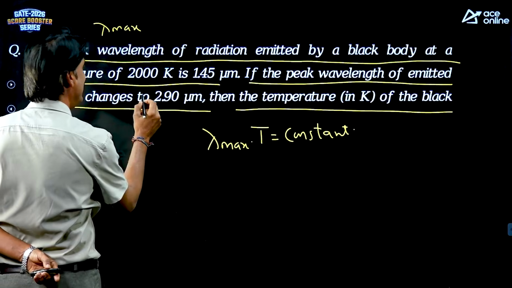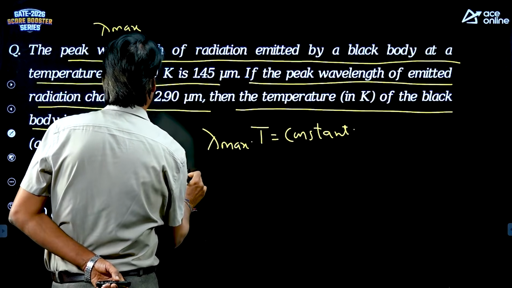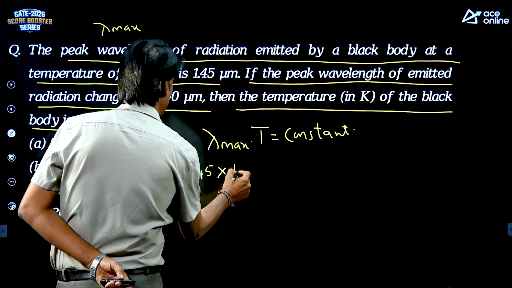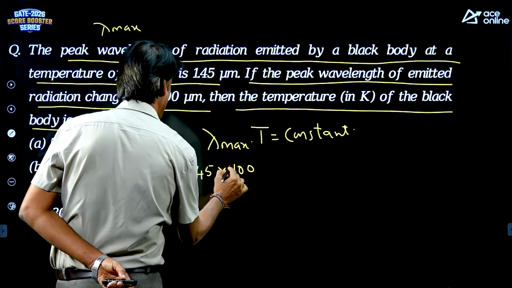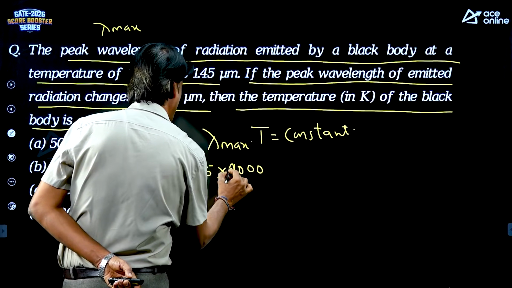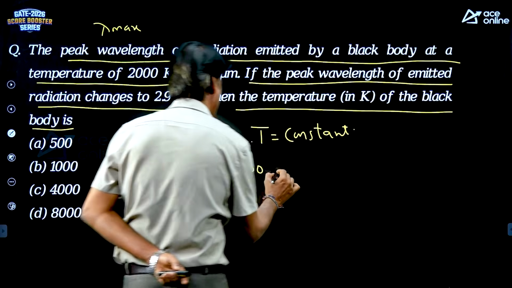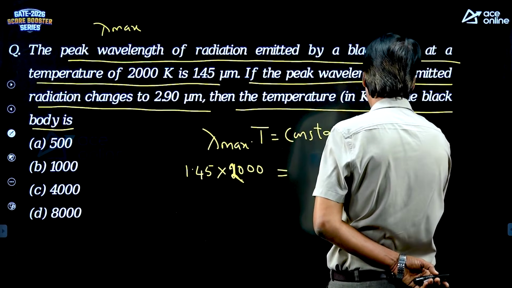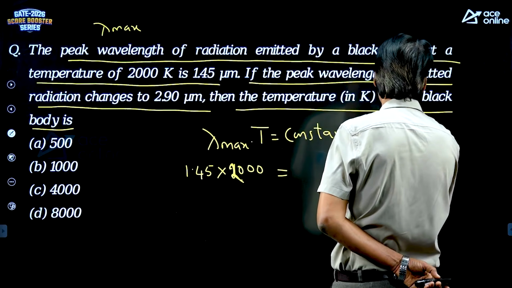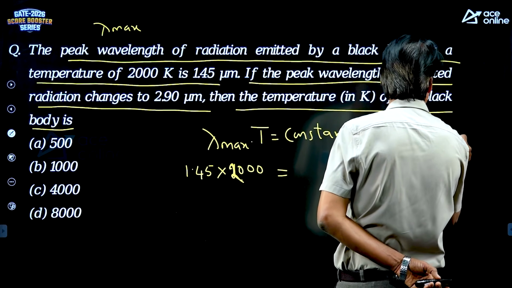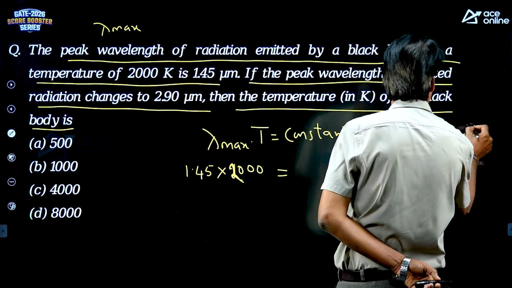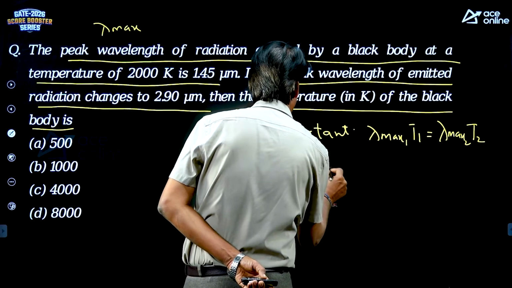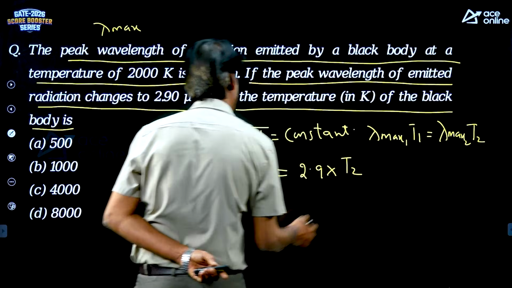So, I will write it as initially this is at 1.45 micron meters into 2000 Kelvin. I will write lambda max 1 into T1 is equal to lambda max 2 into T2. So, this is 2.9 into T2.